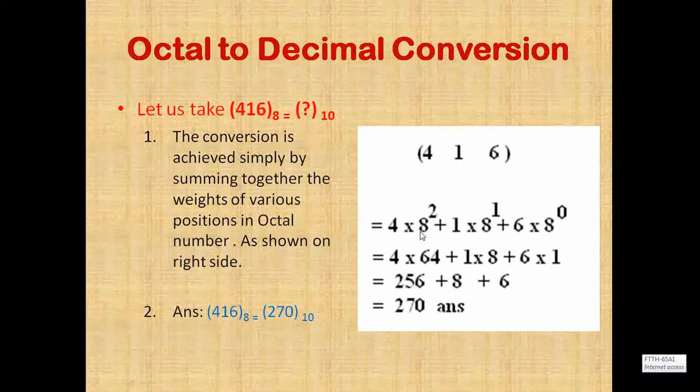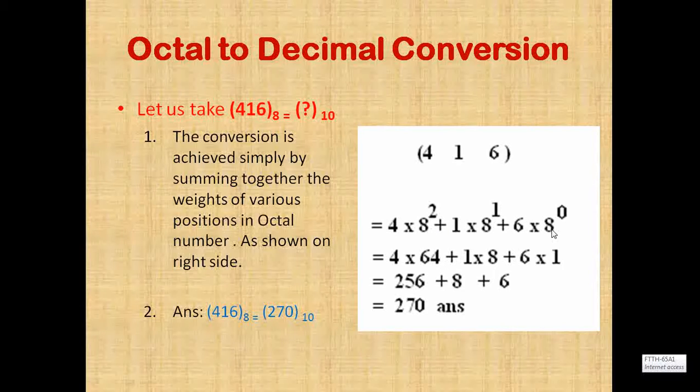So 4 into 8, then 1 into 8, then 6 into 8. Now add them, put a plus sign in between, and now start from the right hand side. First 8 to the power 0, the next power 1, the next power 2. So we will keep on increasing these powers.